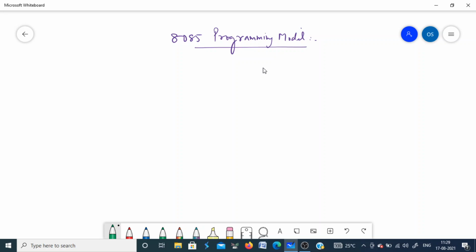Okay, welcome again. What we have discussed in this course till now is basically how a microprocessor works. So we have seen that you have a microprocessor which is used to execute the program which is stored in some memory.